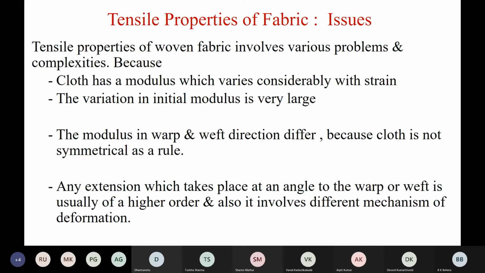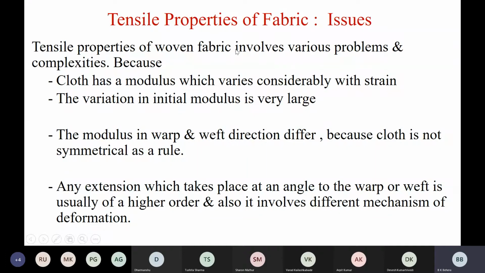Now, these are some further fundamental things we have to understand before we proceed to a theoretical interpretation of tensile strength. I'll read these points and also try to explain them.